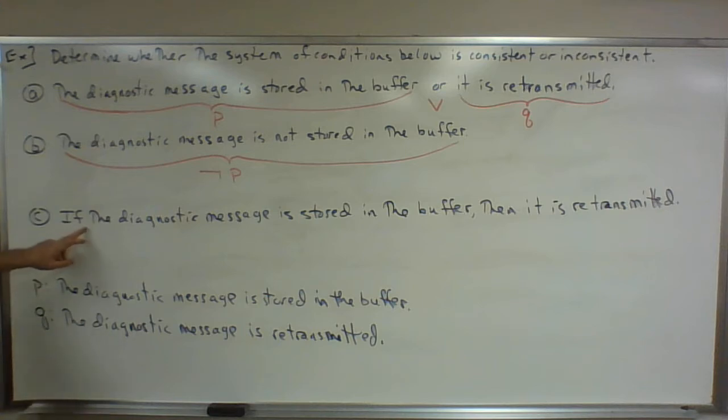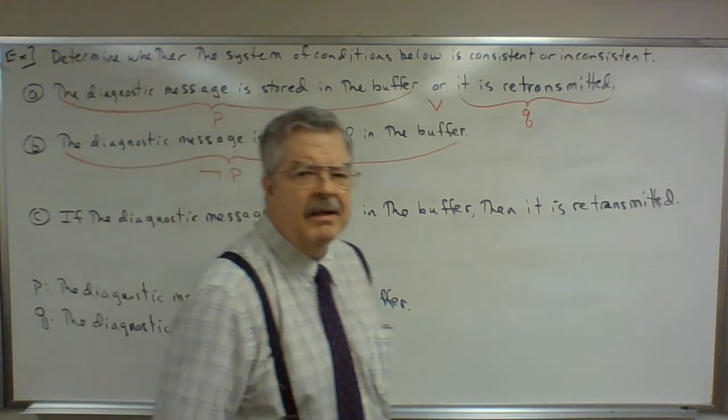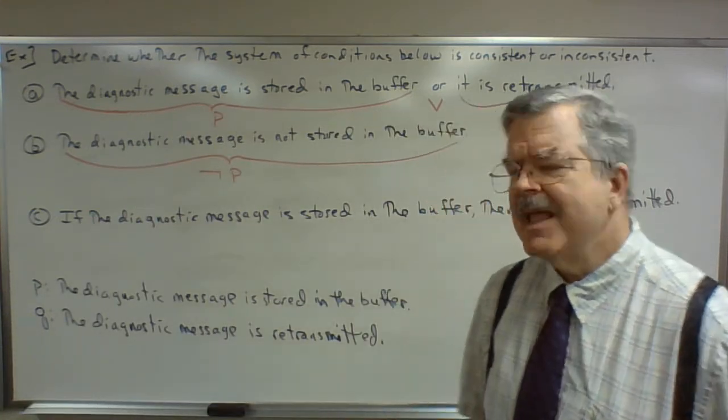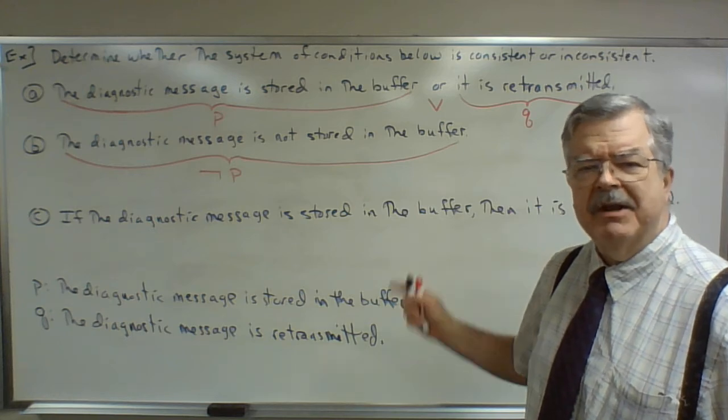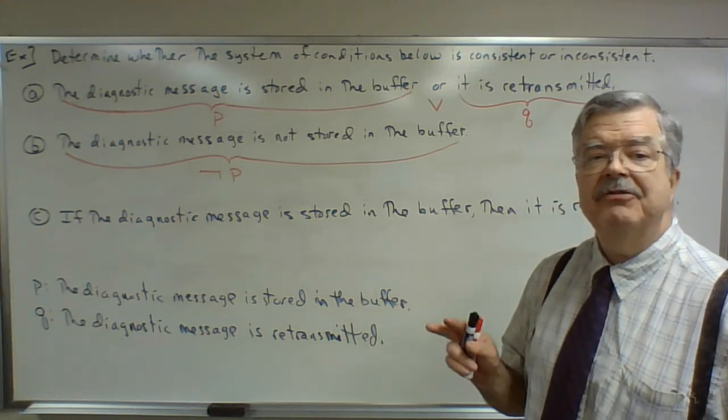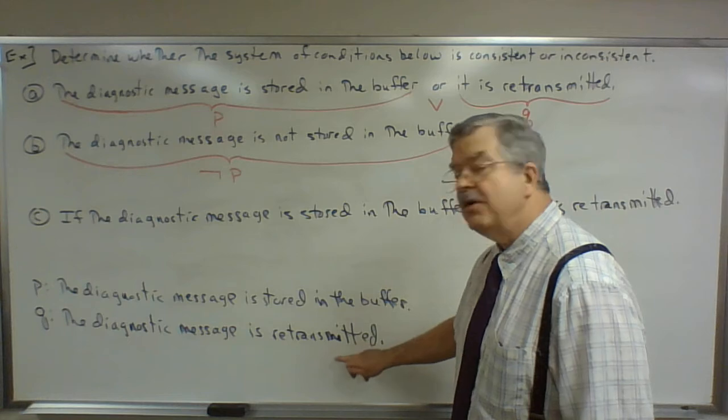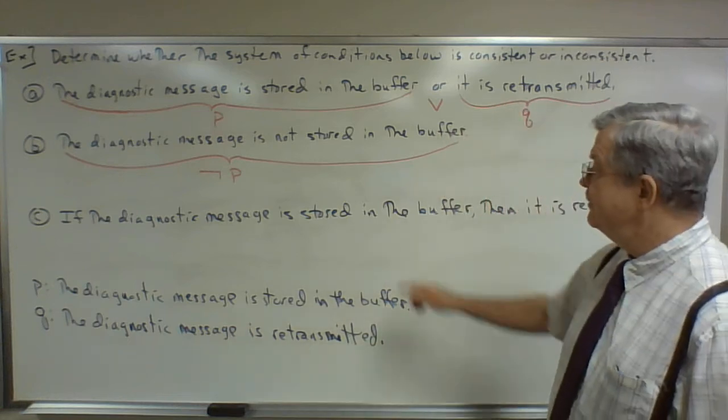And now the next one. If the diagnostic message is stored in the buffer, then it is retransmitted. You know what? I don't see a new simple statement here. I see two simple statements, P and Q, that we've already identified.